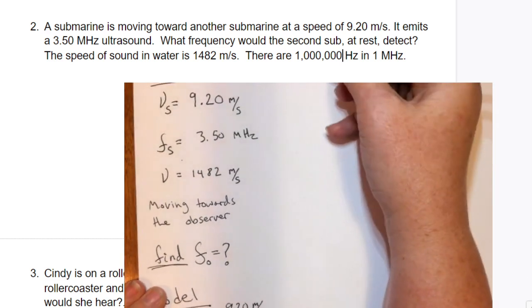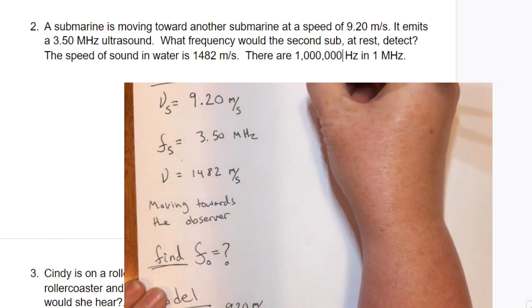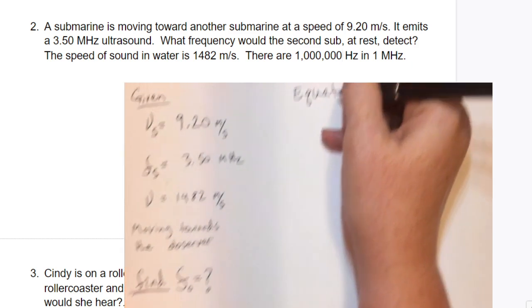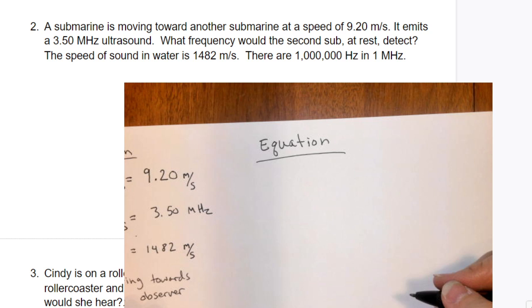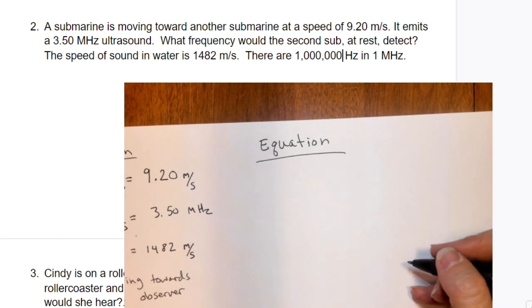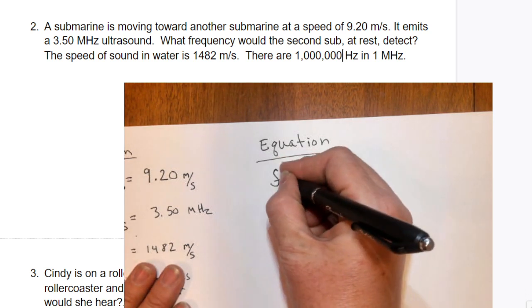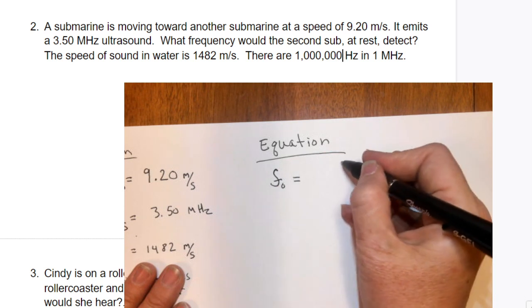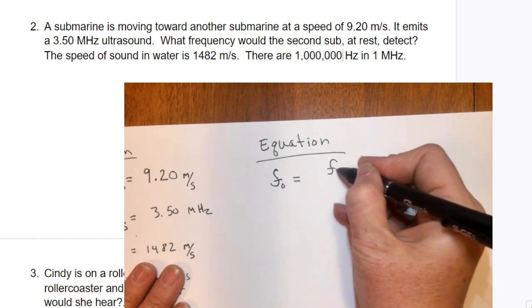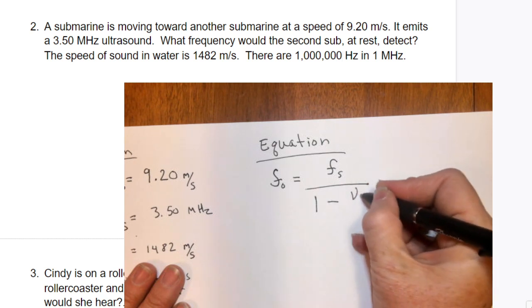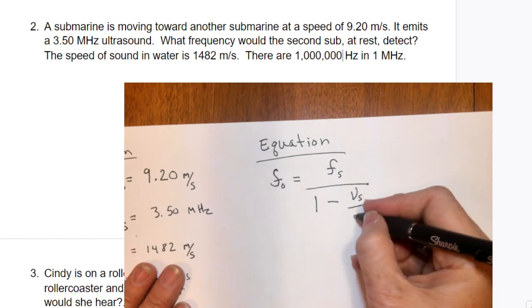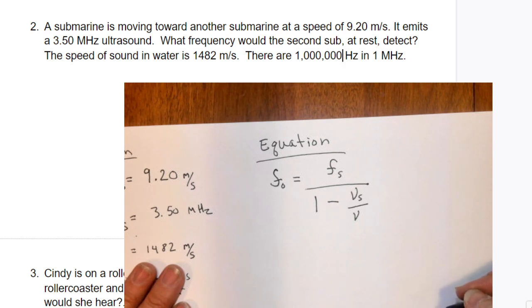Okay, the next step is to write down the equation you're going to use to solve it. Since the source is coming towards the observer, we're going to use this: the frequency observed equals the frequency emitted by the source divided by 1 minus the speed of the source divided by the speed of sound.